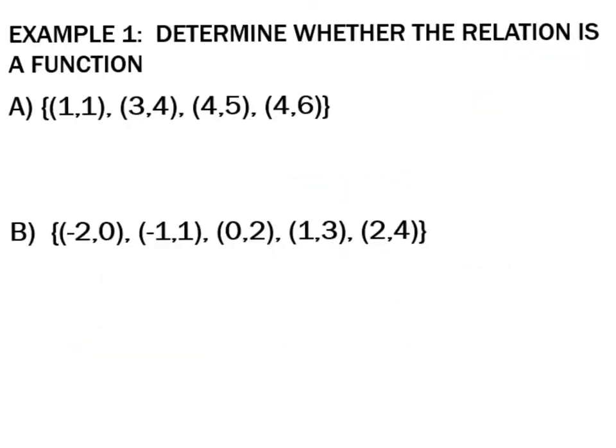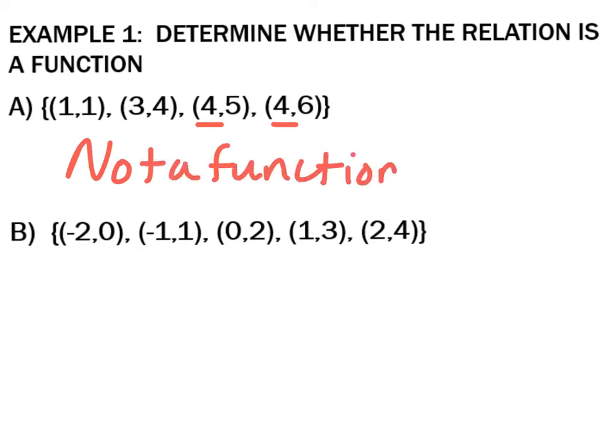In our first example, it says determine whether the relation is a function. So for the first example we have here, we can see that the x value of 4 is repeated. So the relation is not a function because the x values are repeated.